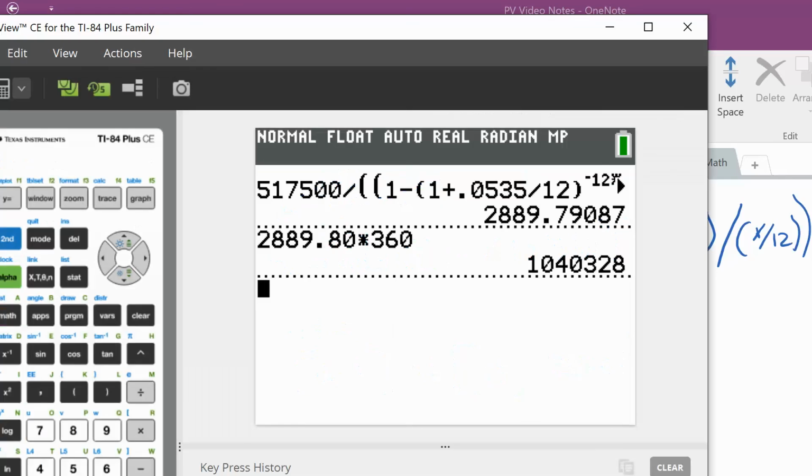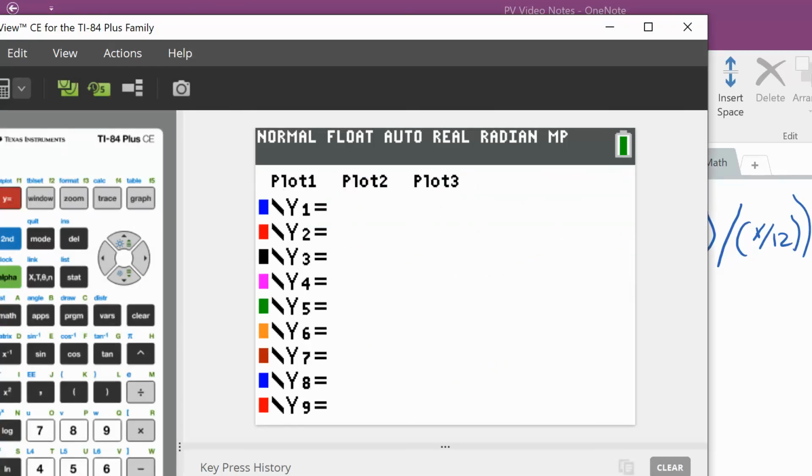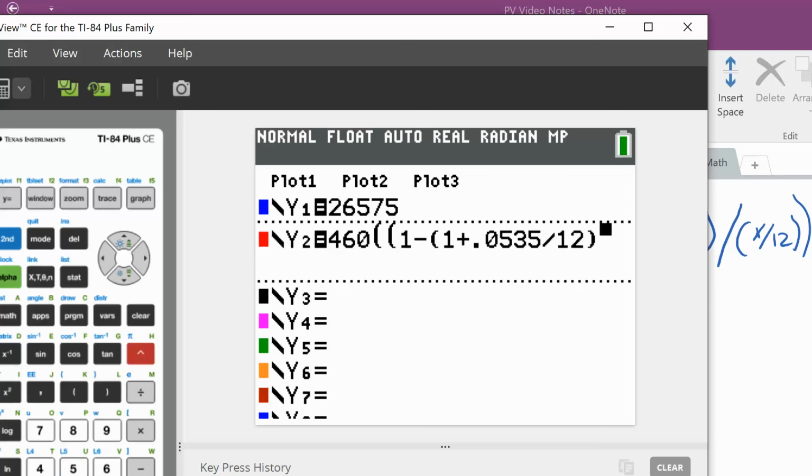So now we'll type it in our calculator. We have 26,575, and then we have 460, 2 parentheses, 1 minus parenthesis 1 plus 0.0535 divided by 12 raised to the negative 12 times 5.5, divided by x over 12.